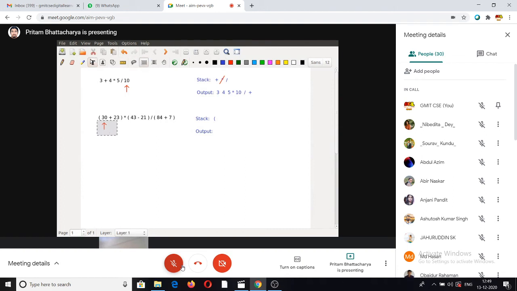Then it's an operand, 30. So 30 I just send directly to the output. Now I have a plus.